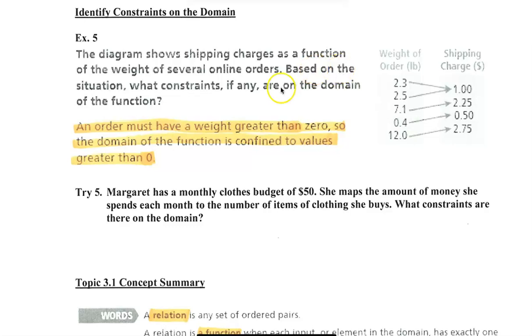Based on the situation, what constraints, if any, are on the domain of the function? So if you try to think about it logically, if I'm sending a package, the constraint is it has to be greater than or equal to 0. A package can't weigh a negative amount. So your constraint is x has to be greater than or equal to 0. That's it.